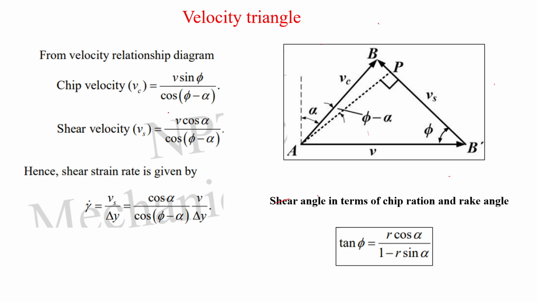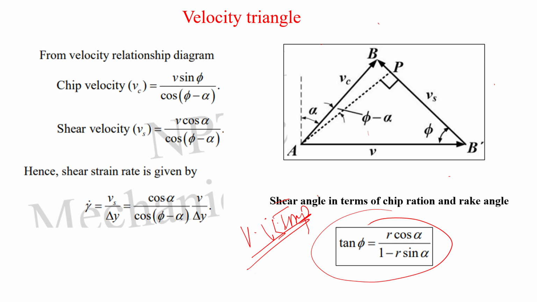Okay. So there's one very, very important formula. You can write it, to relate the shear angle phi, the chip ratio, and the rake angle. This is a very important formula. If you know this formula, you can directly find many different relationships. You should know the relation between the shear angle, chip ratio, and the rake angle.